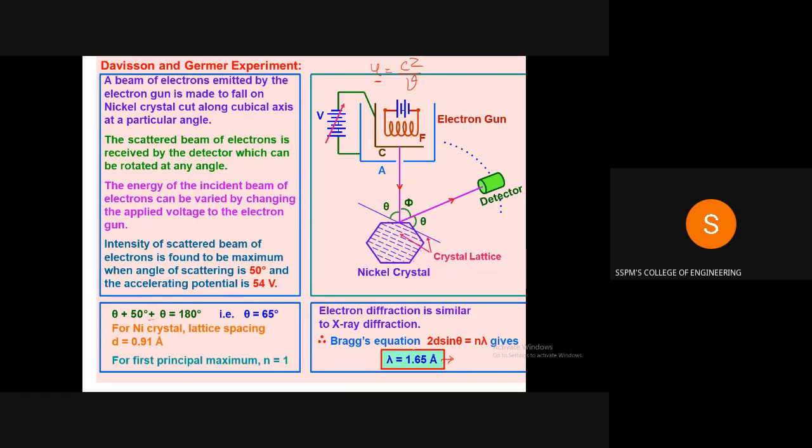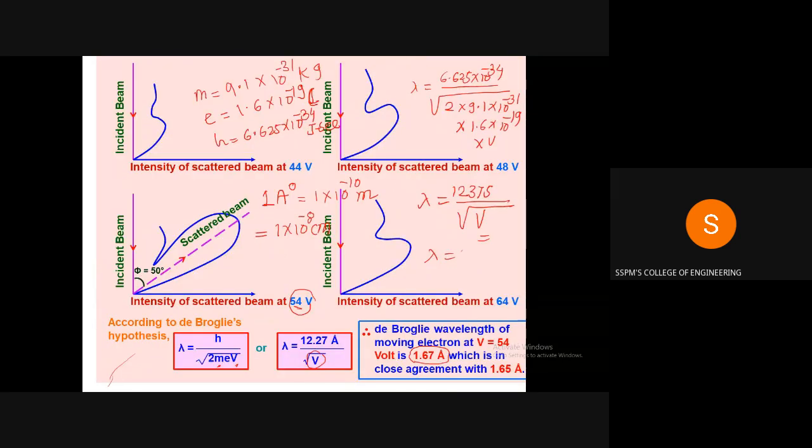And if we are assuming matter as a wave nature, then the value is coming lambda equals to 1.67 Angstrom unit, which is in close agreement with each other. There are two different methods by which we have calculated this value, but both are matching with each other. So we have to believe in the presence of matter waves.